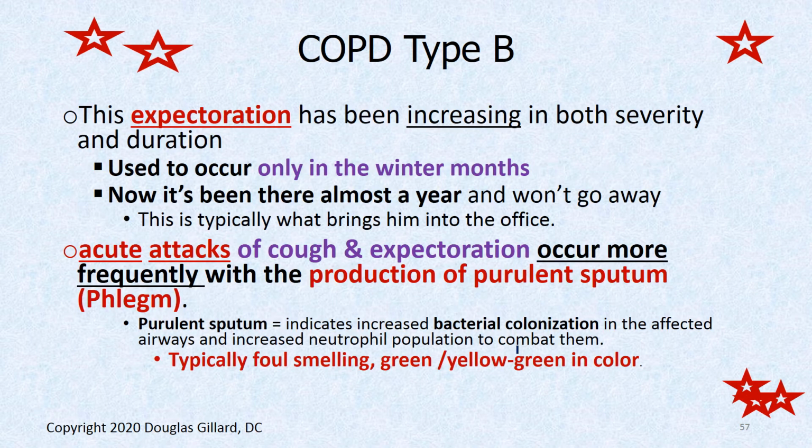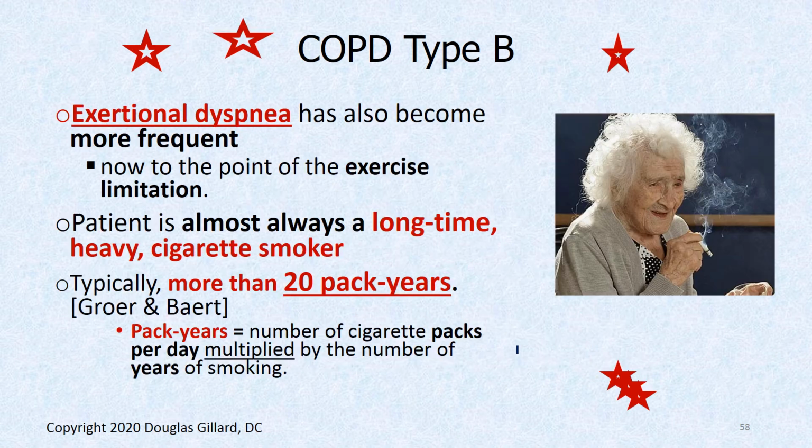And yeah, that's the story with them. The expectoration typically has been getting worse and worse. It started out just in the winter months, and pretty soon each year it went farther and farther into the summertime. Pretty soon it's year-round, and it's getting worse, and by that time they go into the doctor. Yep, that's the story with that.